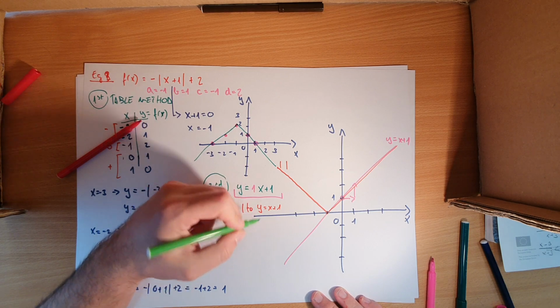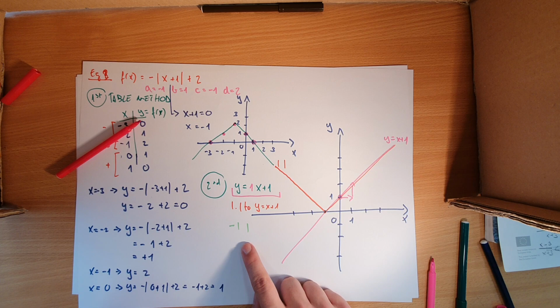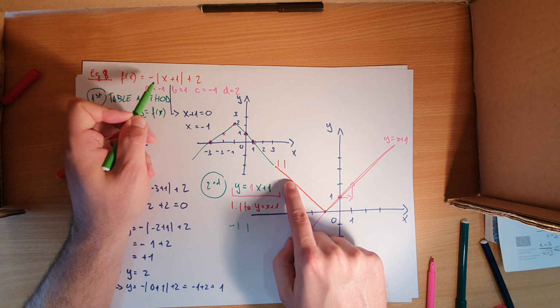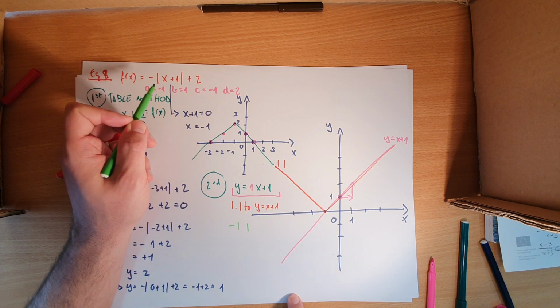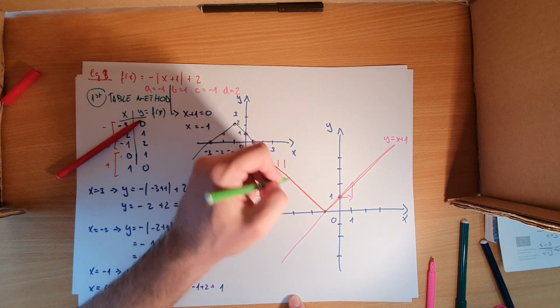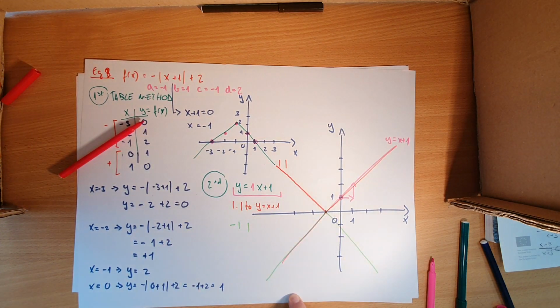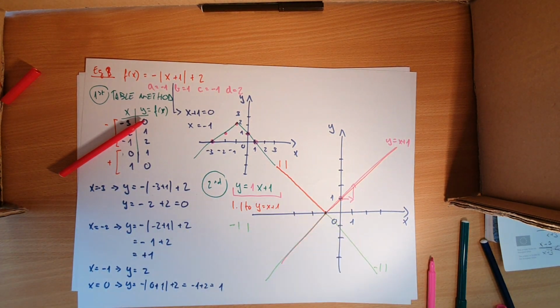So minus in front of the absolute value, this is the third step. Minus in front of it means that everything that is above goes beneath. Everything that is positive becomes negative. So this whole thing becomes this. This is now the minus absolute value.